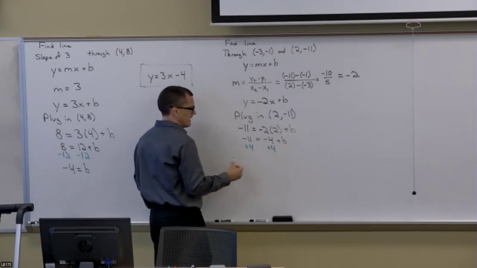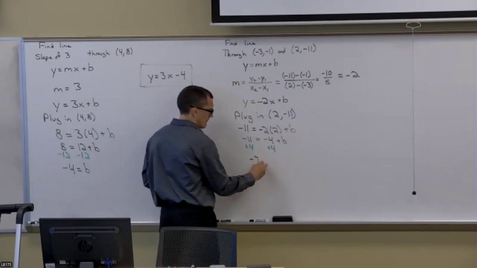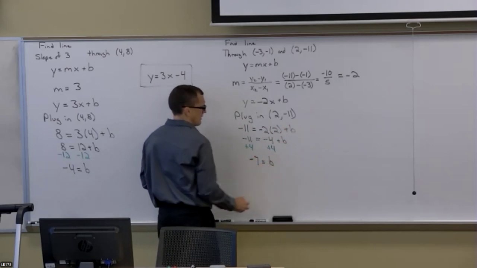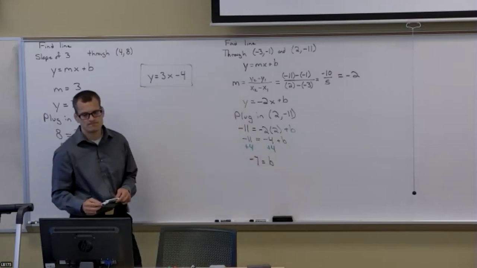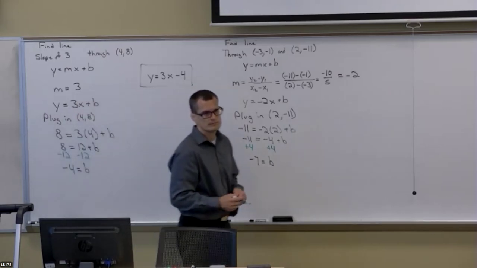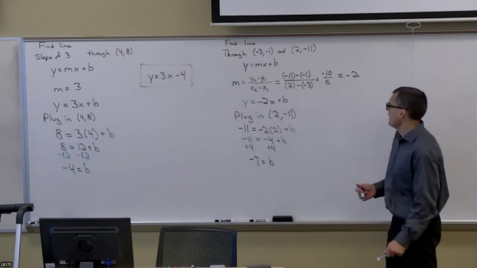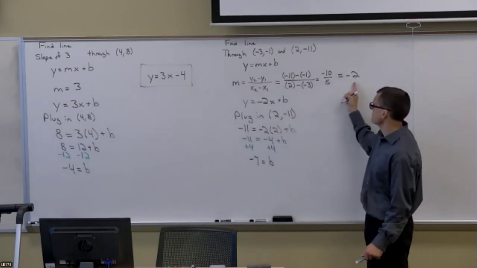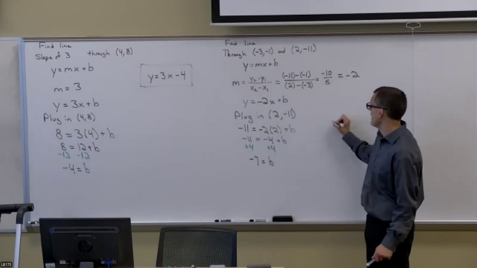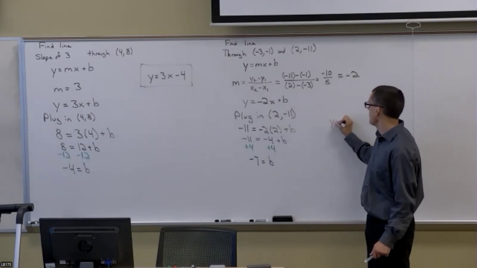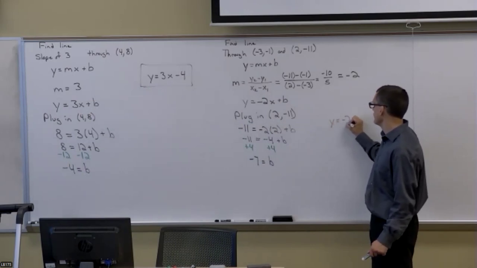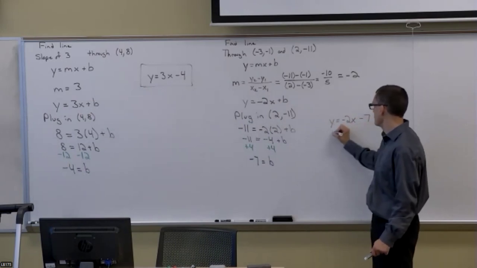I would end up with -7 as the value of b. And then the very last step, I know my slope, I know my b value. Very last step is writing the equation, which is y is equal to -2x minus 7.